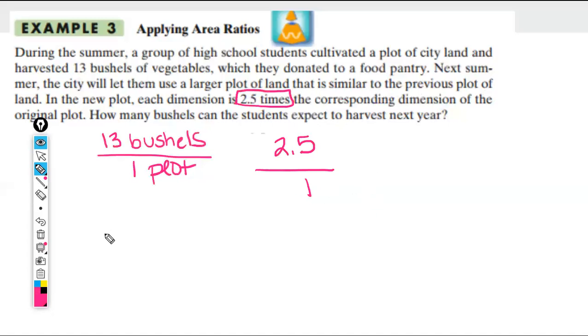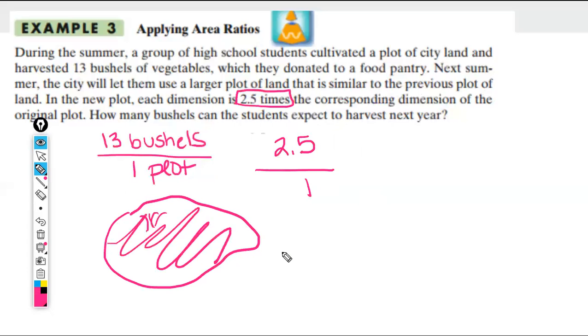Now we're talking about plots of land and bushels of vegetables you can get from plots of land. Since we are dealing with plots of land, we're talking about area.